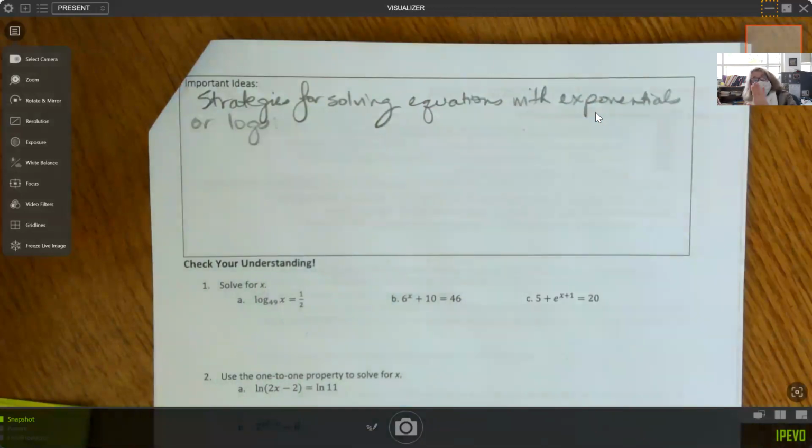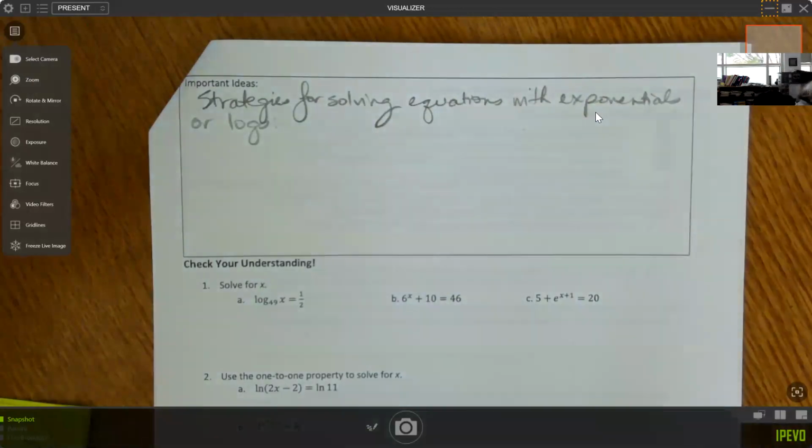These are a little bit harder because sometimes they're exponential and sometimes they're logs, and you have to do different steps to solve them. And so these are the tools in your toolkit, some of the things you're going to do to solve these.